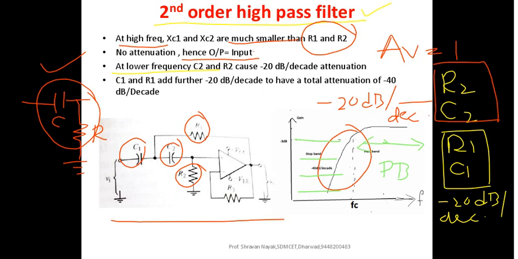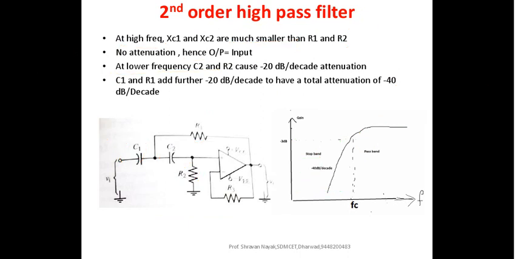Please write these explanations whenever questions are asked on these things. Do not give shortcut ways of answering. Please give your explanations very clearly. In our next slide, we shall have the design aspects of this second order high pass filter. So let us move on to the next slide now.